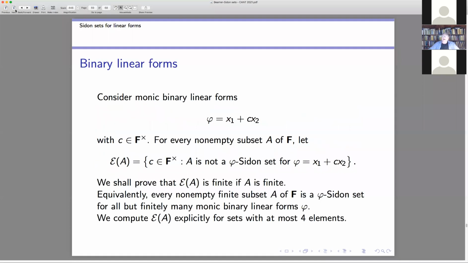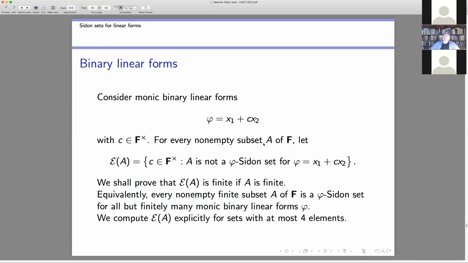And binary forms, that's the first thing to look at also. So your form is x1 plus c times x2. So every binary linear form that's normalized is just determined by this coefficient c, which could be 0. I don't know why I put a star there, but it could be 0 times x2, I guess.